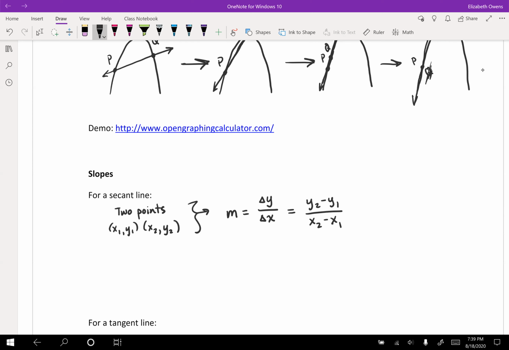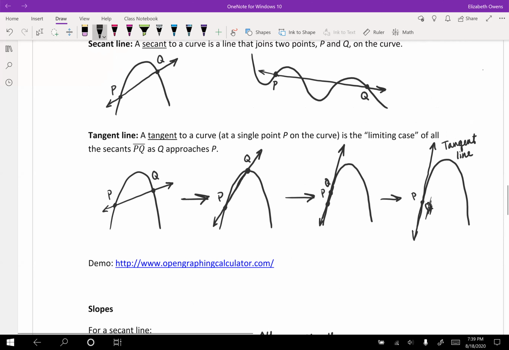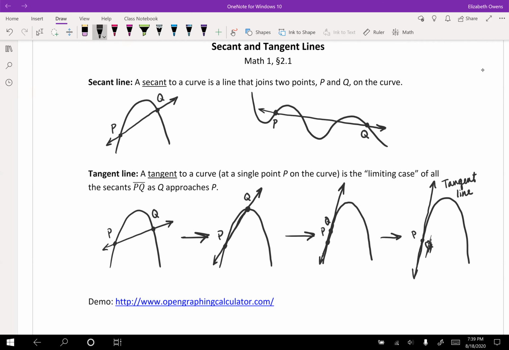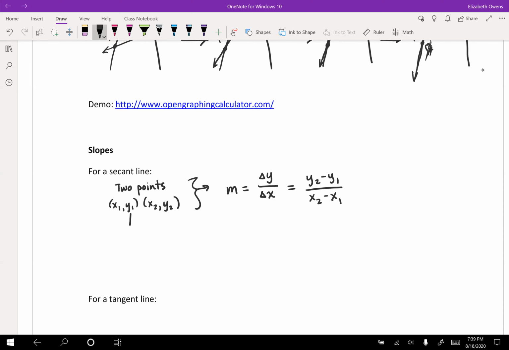But let's say instead of calling those y, that we used some function notation. Since we have these 2 points on the curve of some function, we'll call that function f of x. So instead of calling this y1, we just say it's f of x1, and y2 is f of x2.